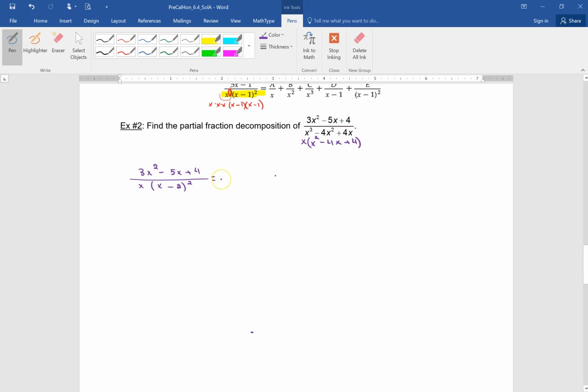Okay, so how many total fractions are we going to have here? 3. 1 for the x and 2 for the x minus 2. So I have 1 for the x, and then I have an x minus 2 and an x minus 2 squared. All right, so always start with an exponent of 1 and just go up until you reach your exponent.